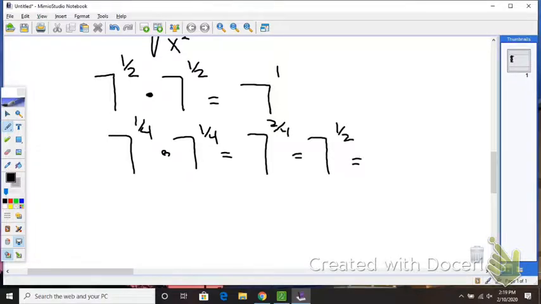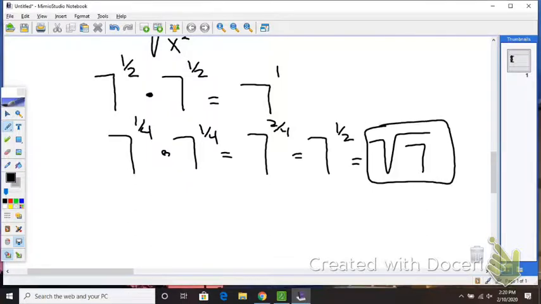And what is that written as a radical? 7 on the inside, 2 on the root. Okay, do we usually write that when it's a square root? No, so this is just your answer.